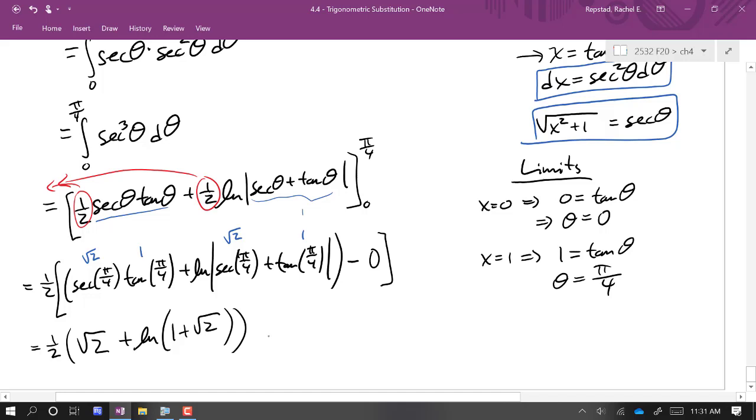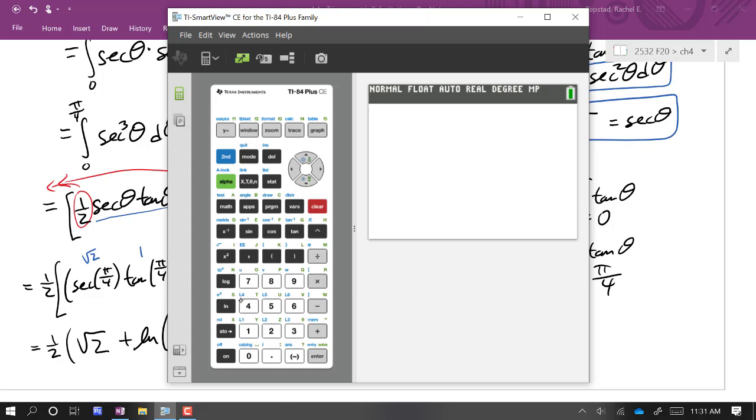There it is as an exact value, and we can also get an approximation. We get 1.148.